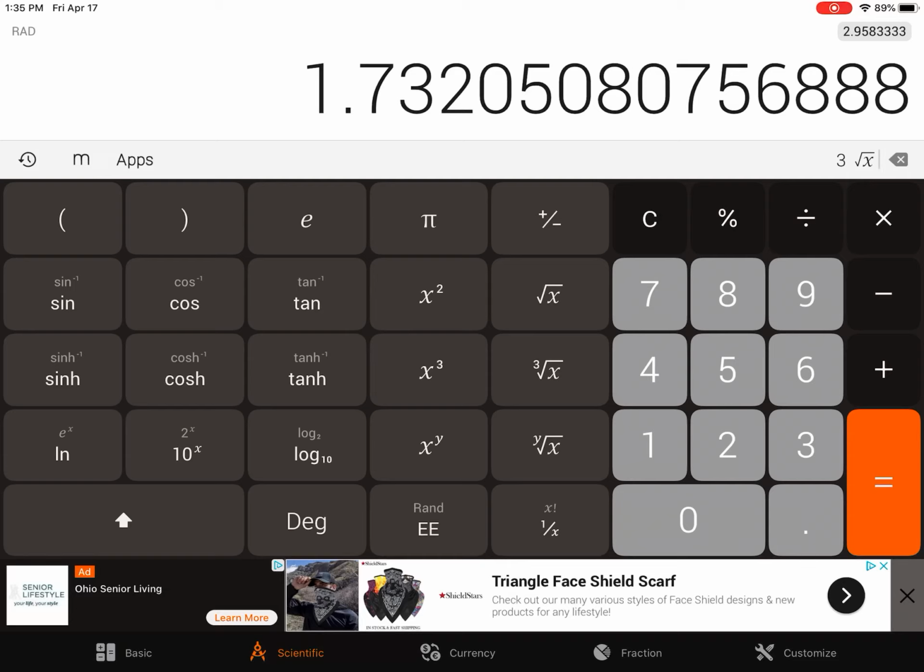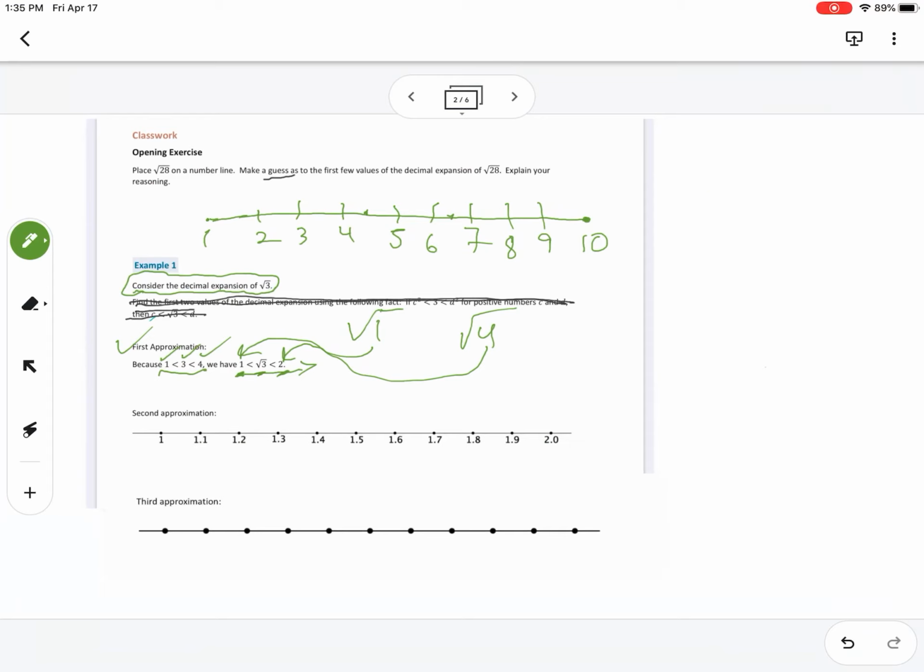But what I will do is write it out to 1.732. I'll keep that in mind as my answer. Hopefully that makes sense to you, that this answer that we truncated and cut off right there is bigger than 1, but smaller than 2.